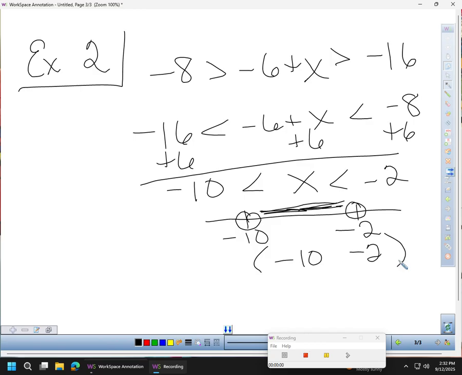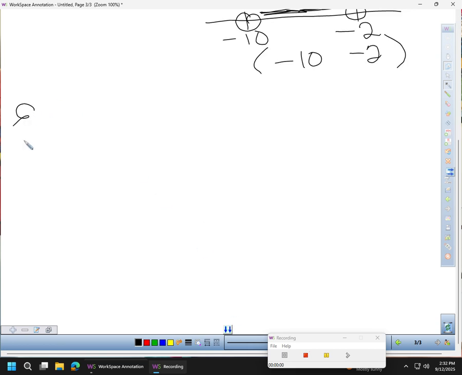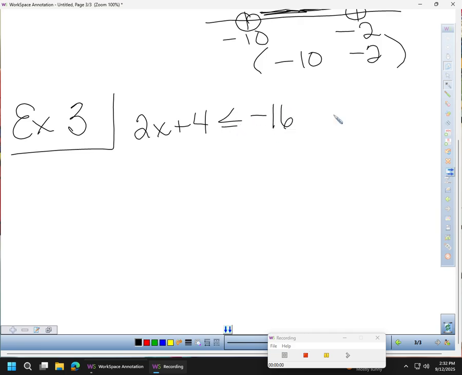All right, let's talk about or. Example number 3. Let's say I have 2x plus 4 less than or equal to -16, or, and an or problem will always write the word or in the middle.